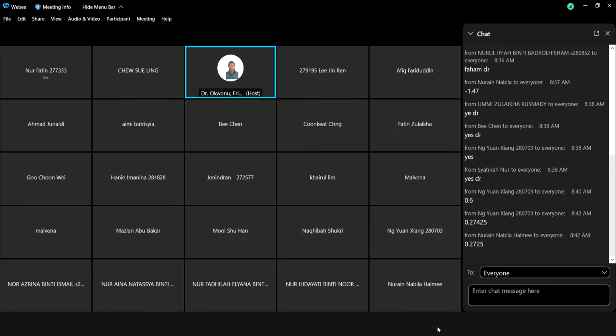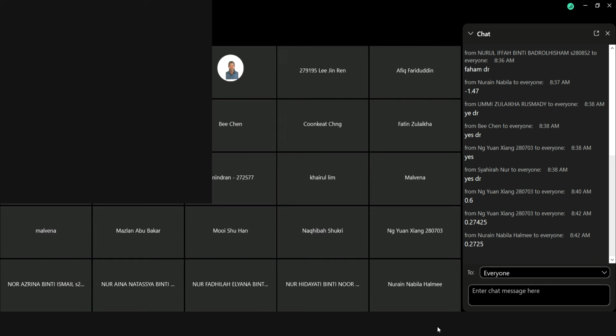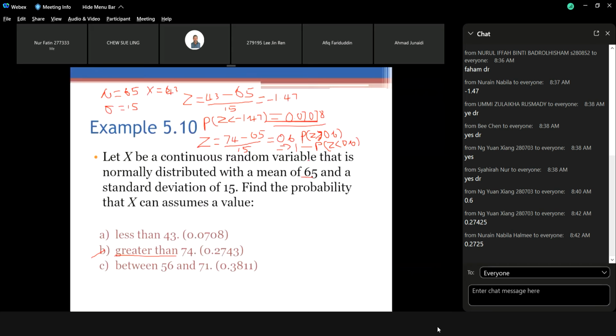Okay, so here we can now write this in this format, that 1 minus 0.7258, okay, so we have 0.2742.